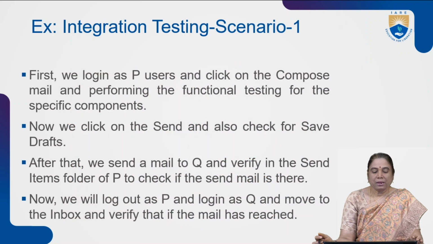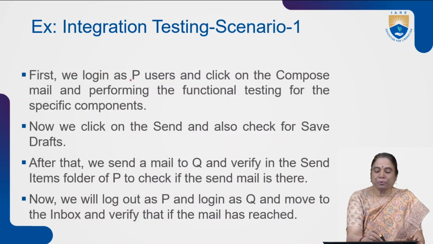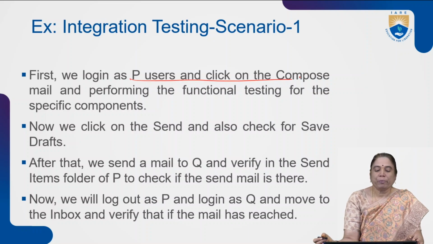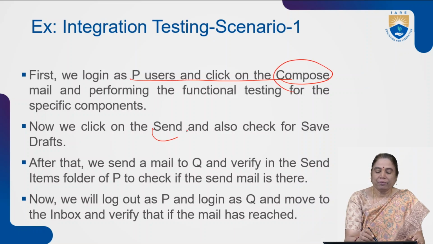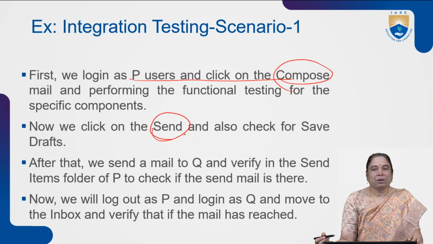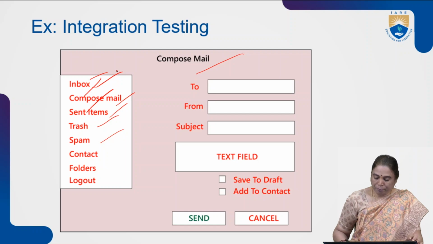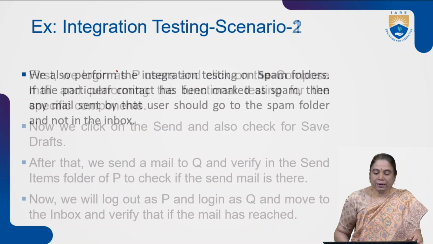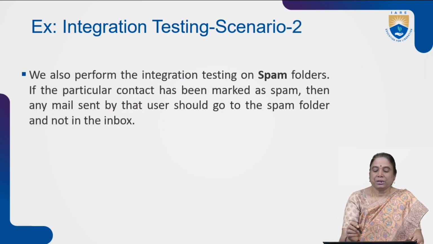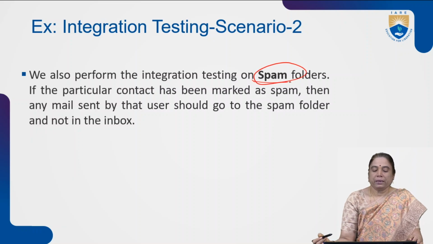In the first scenario, first log in as a user, click on compose mail and perform a functionality test on the compose module. Now click on the send module and check the functionality of the send module. So all the modules are tested separately, then they must be integrated to test the functionality of the integrated application.